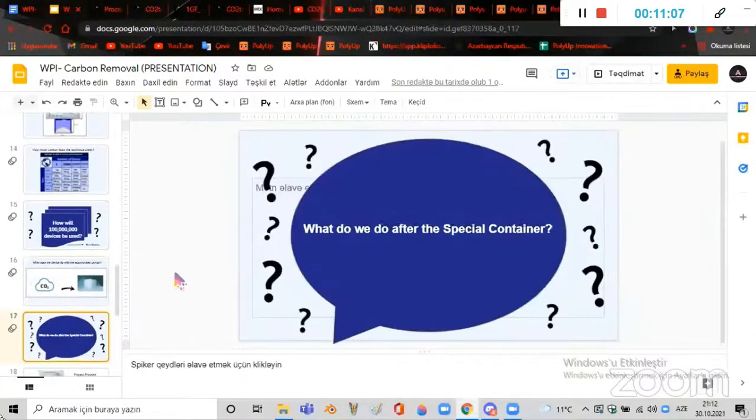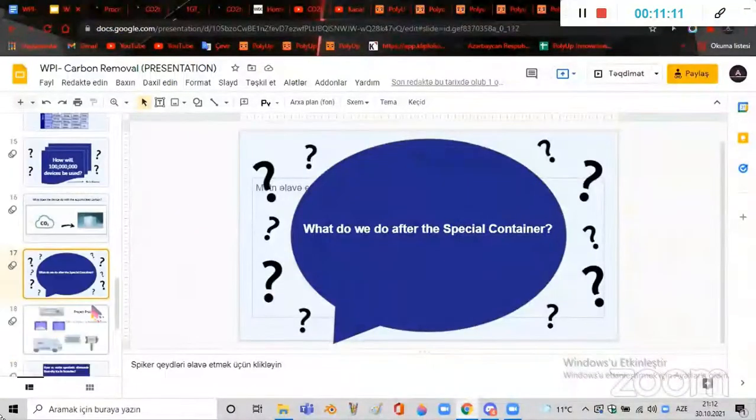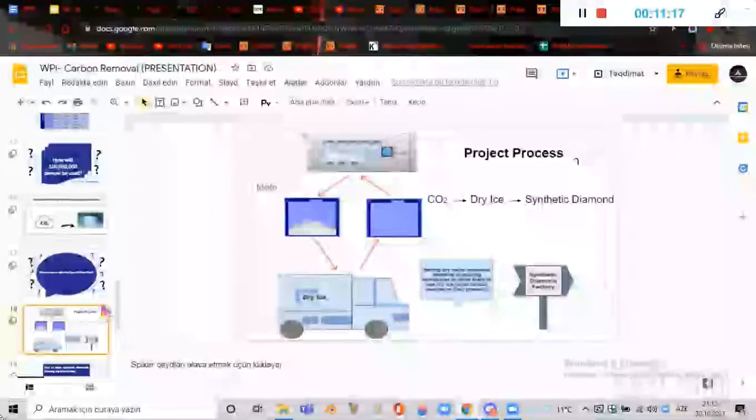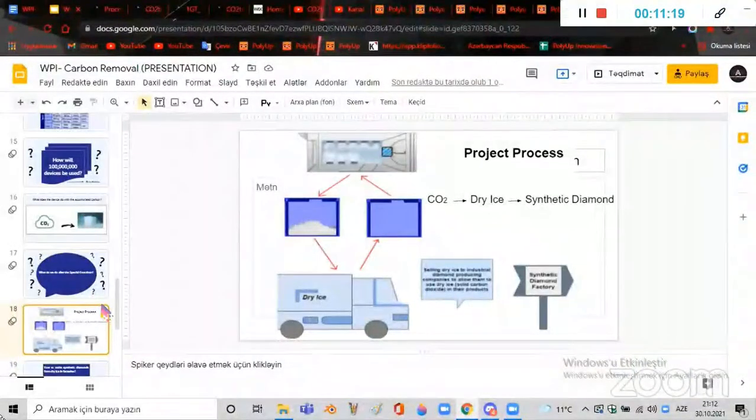What do we do after this with the special container? We keep it at the low dry ice temperature for some time in every building that has the device. Then every day, dry ice trucks will come to different neighborhoods to take the containers and pay money to the people who give the dry ice.